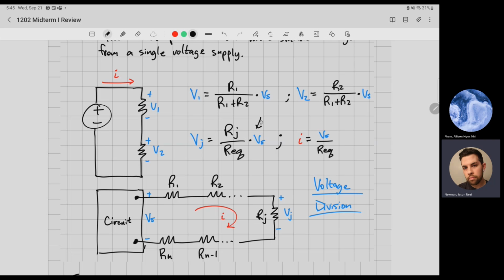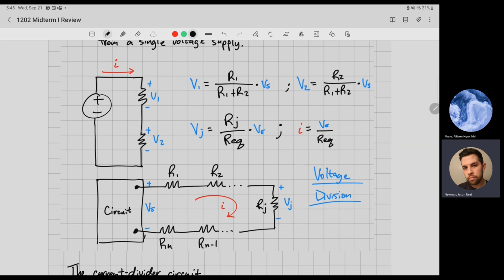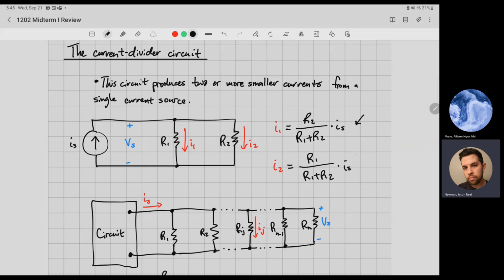If you only have 2, you can use these 2 equations. And no one ever told me that when I was learning this, so I'm letting y'all know now. And then for the current divider circuit, these 2 equations are not identical, but they're similar in the fact that, oh, go ahead.